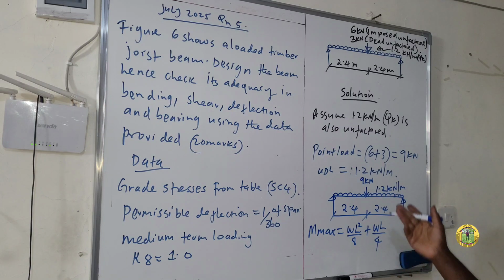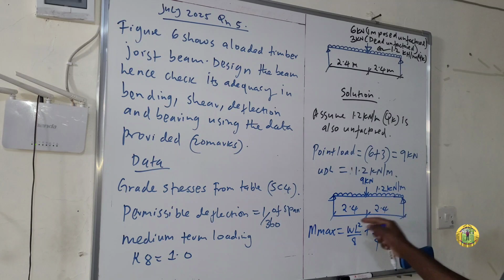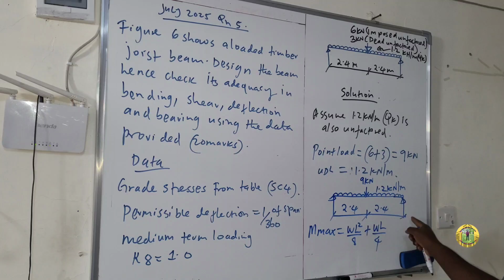But what if the point load is not at the center? If the point load is not at the center, do not use the formulas. You can use the three equations of equilibrium to come up with the reactions, for example, reaction A and reaction B. And then from there, you can draw the shear force diagram, and from the shear force diagram, you will determine the maximum shear force.